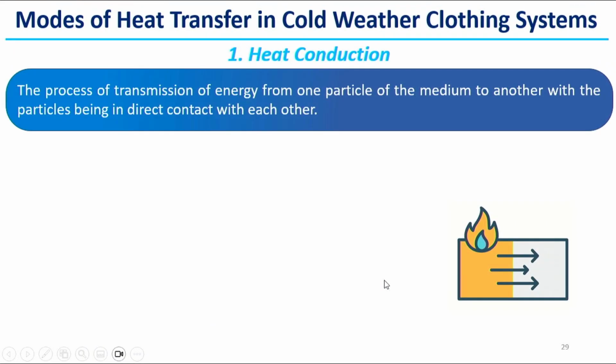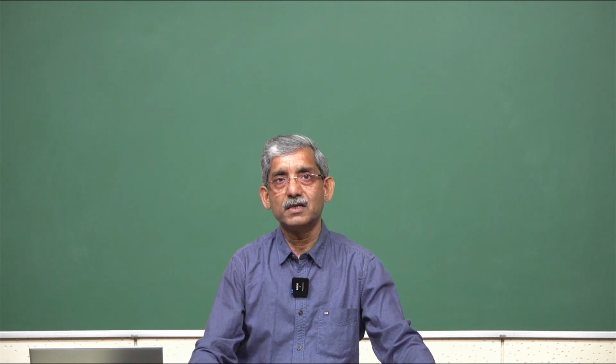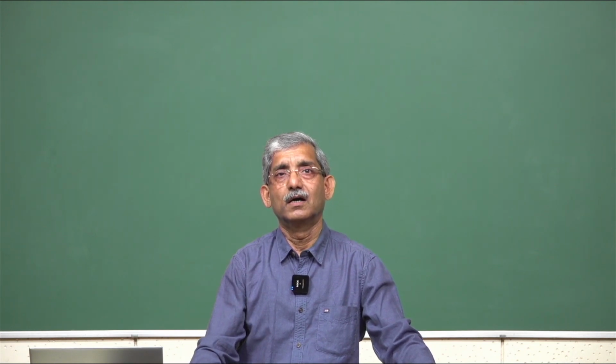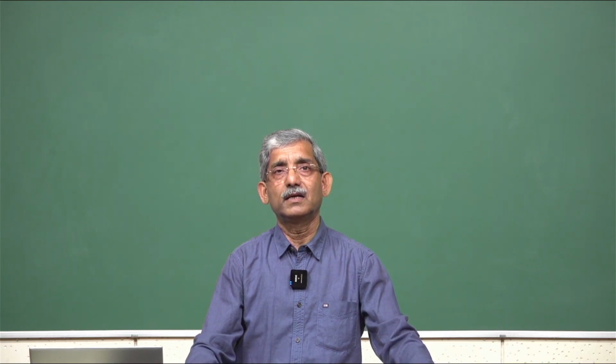The heat transfer modes in cold weather clothing that we have discussed are conduction, convection and radiation. This we will discuss in the next class. Next session we will start with heat conduction. Till then, thank you.